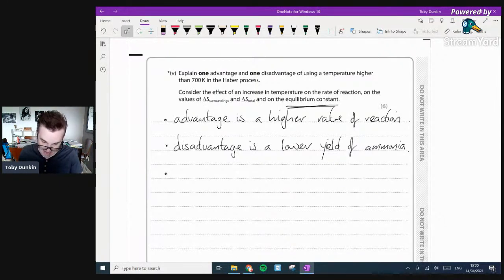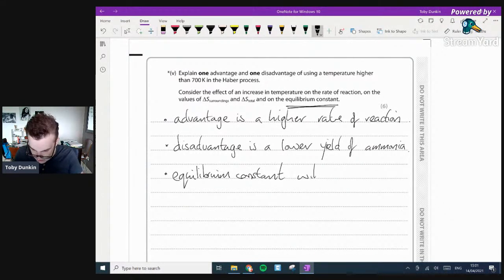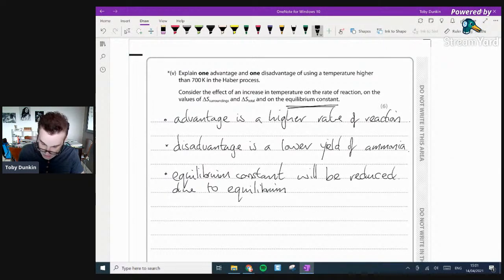So this one does matter. So I'm now going to say the equilibrium constant will be reduced, due to equilibrium shifting from right to left.